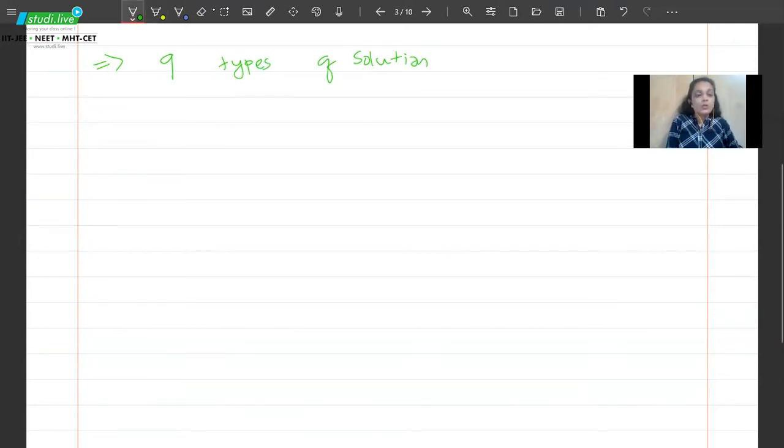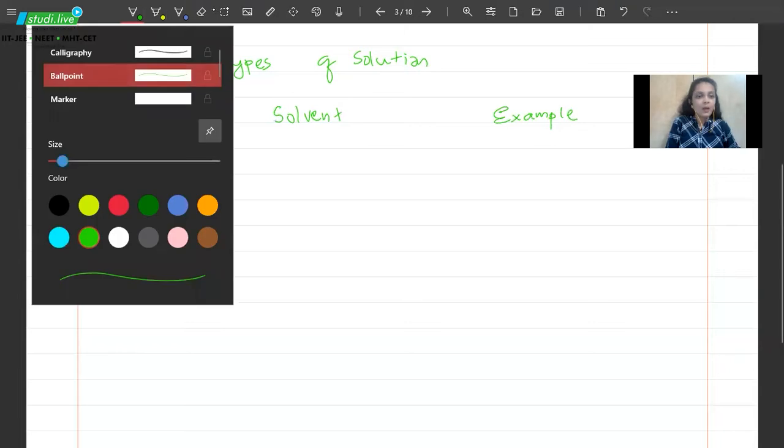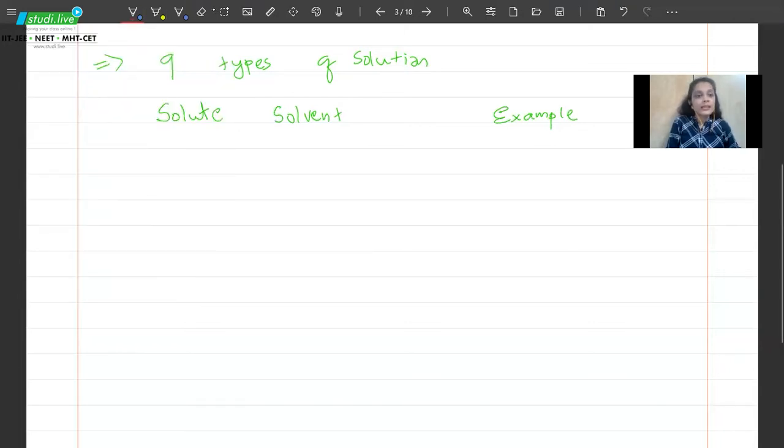Students, I want your complete participation to tell me the answer for this. We have solute, we have solvent over here, and we are going to do examples of that solute and solvent. Am I right, students? I need your help. Just do the permutation combination part. Solute, let's say we have solid, we have solid over here, and again we are taking solid.